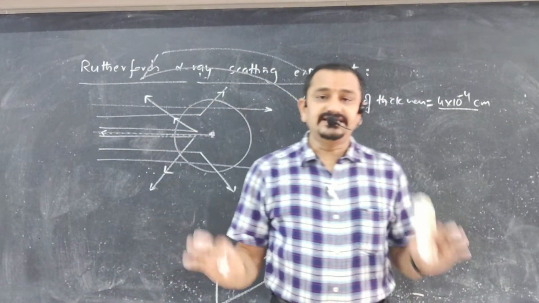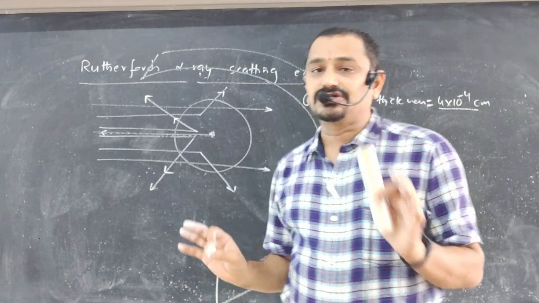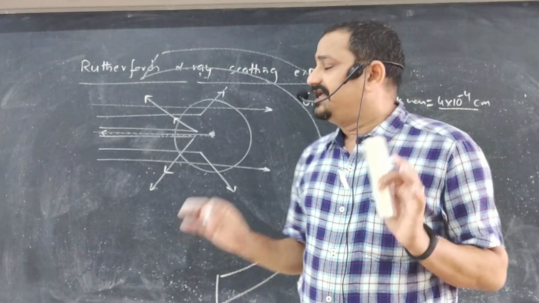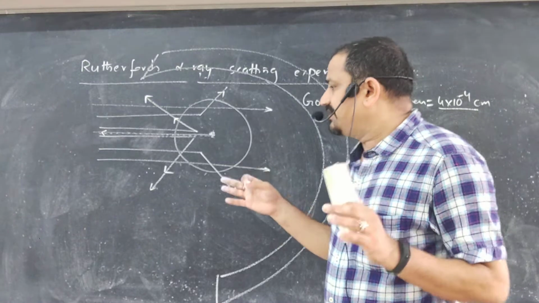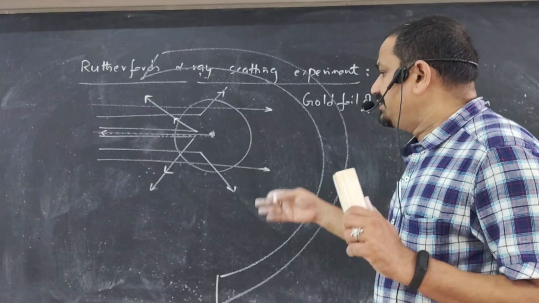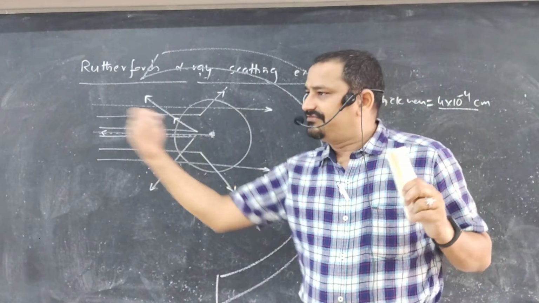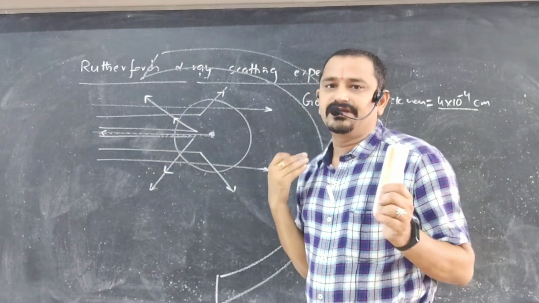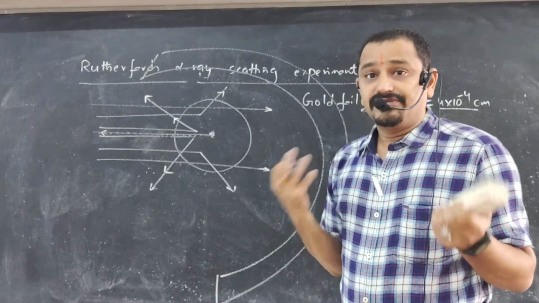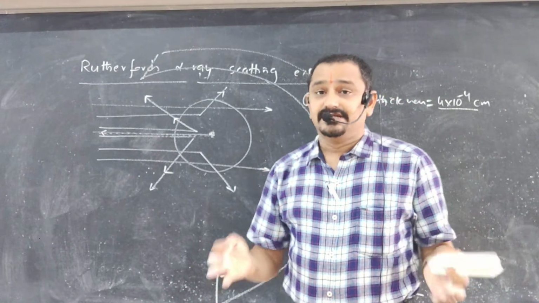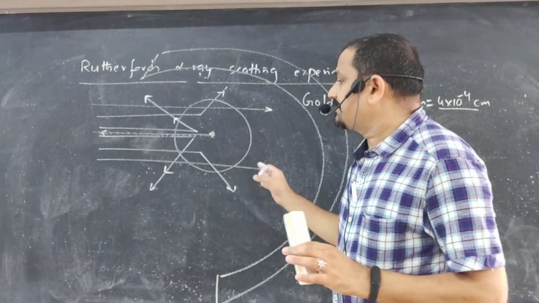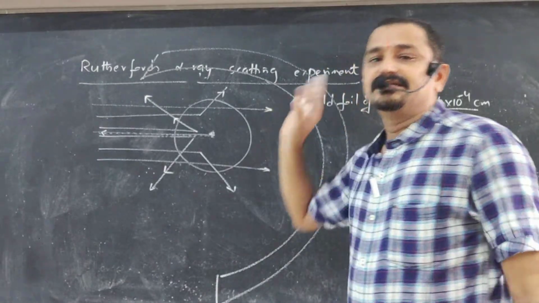By looking at this observation, Rutherford was really shocked. You know why? He felt it was like when a 15-inch shell is fired at a piece of filter paper, and the shell strikes the filter paper and comes back to the shooter. What will be the surprise? In such a way, Rutherford was surprised by this experiment.